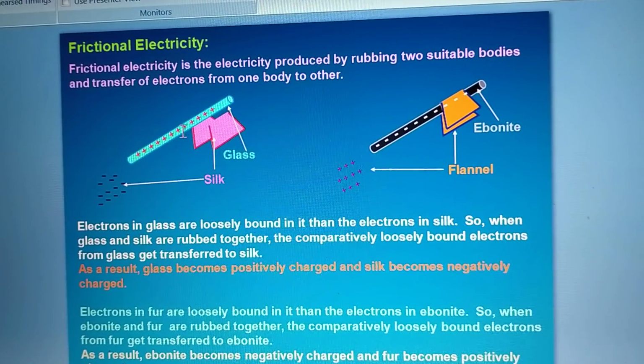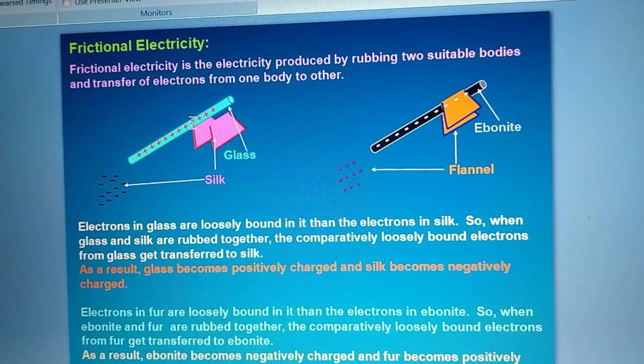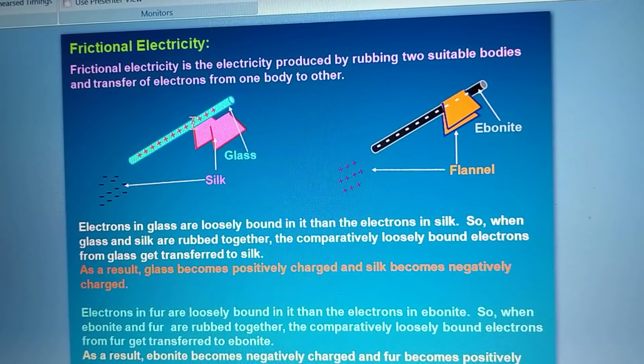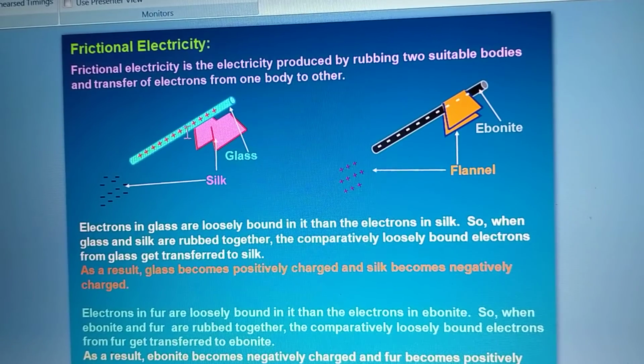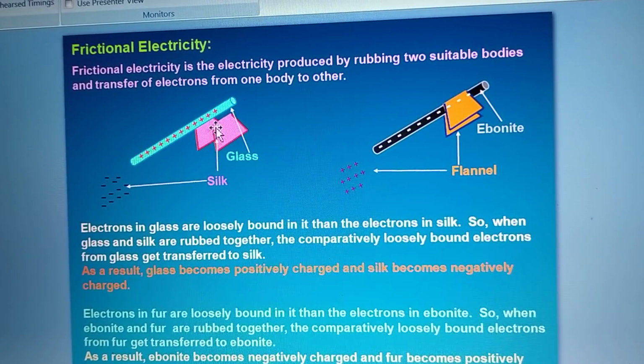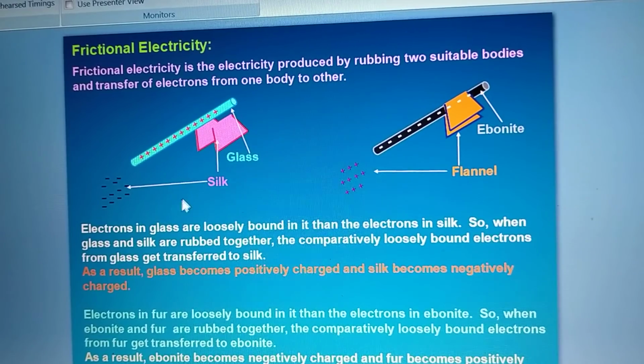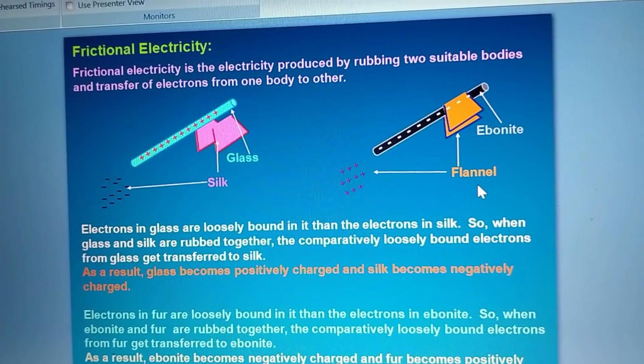Transfer of electrons will take place from the glass rod to the silk, and when electrons jump from the glass rod, it means there is a deficiency of electrons at the glass rod, hence it will get positive charge. The electrons jump to the silk, so there is an excess of electrons at the silk, that's why it will get negative charge.